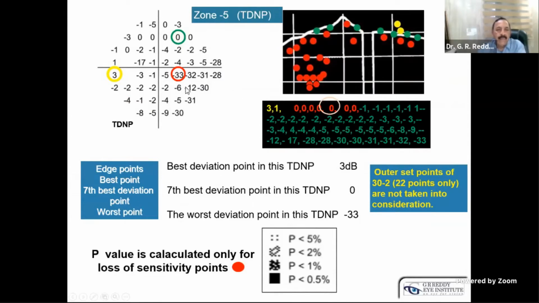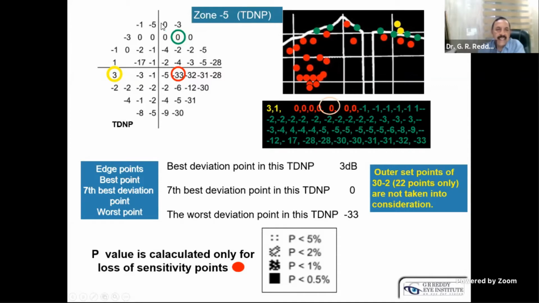One should know what is meant by the best deviation point, what the worst deviation point is, and what the 7th best deviation point is. Take for example 30-2: the outer set of points of 30-2 are not considered while calculating the 7th best point. All the outer points of 30-2, except the 2 nasal points, are eliminated. Only the points of 30-2 or 24-2 are considered.